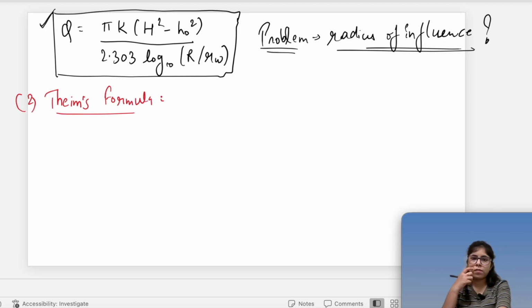So for solving this issue, what Thiem did, he kept two wells. So what were the two observation wells there?